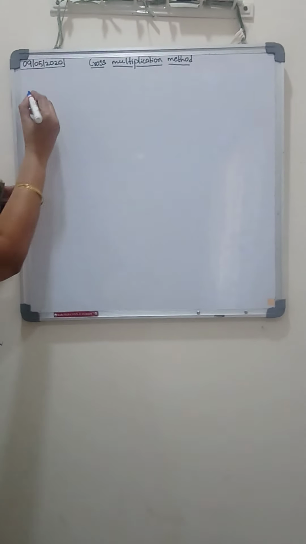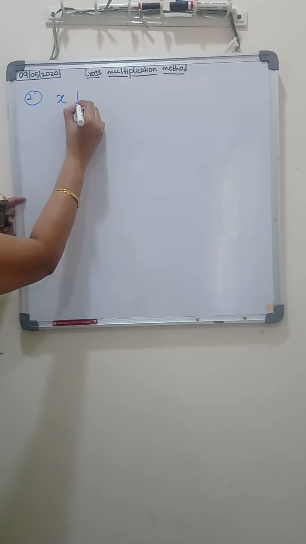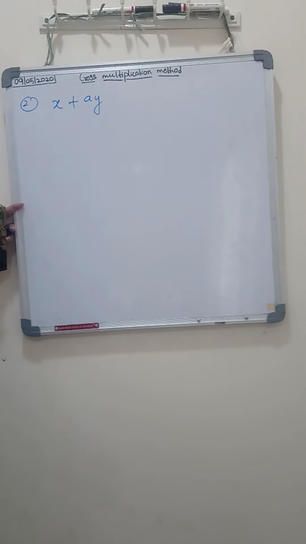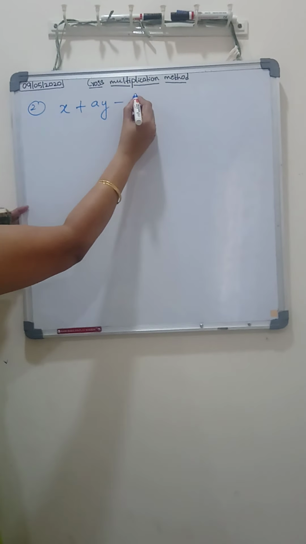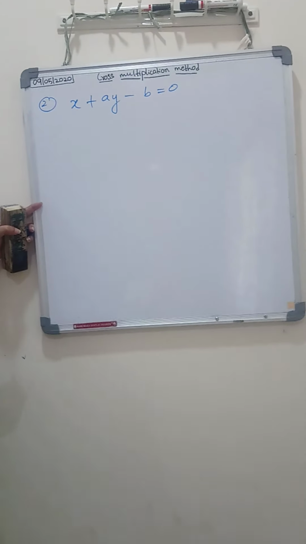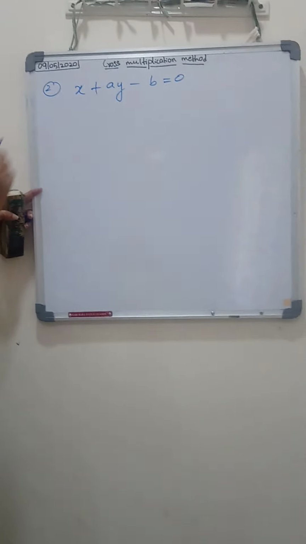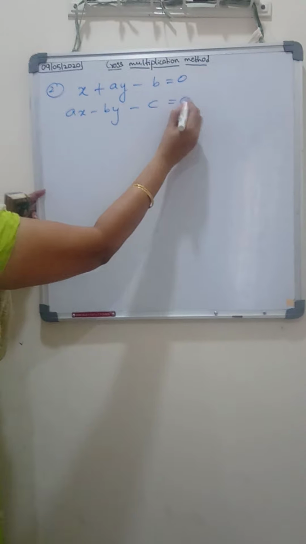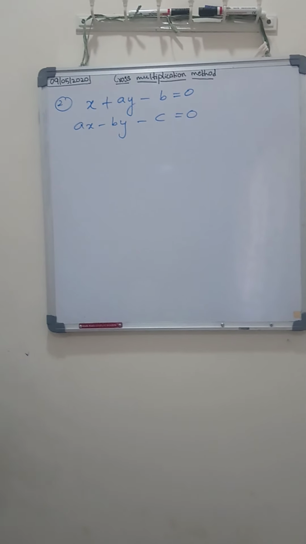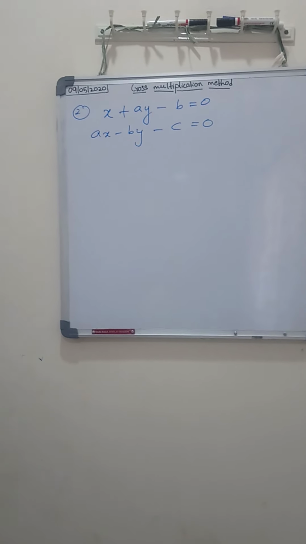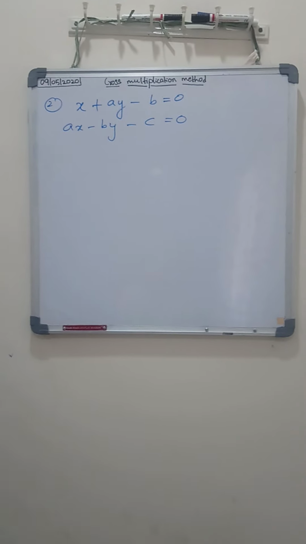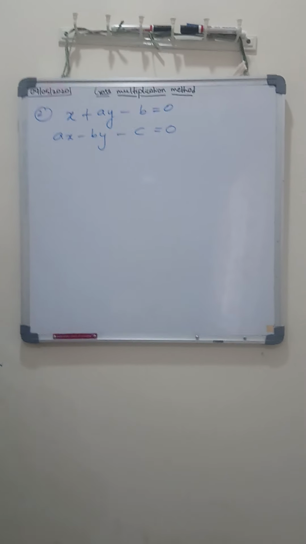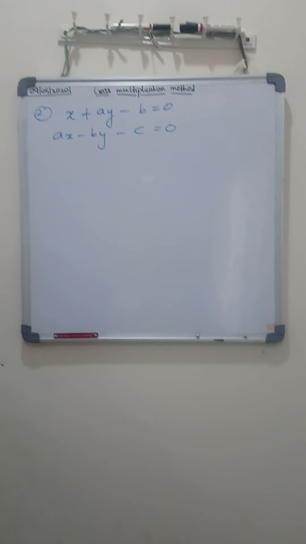Second example. x plus ay minus b equal to 0, first equation. Second equation, ax minus by minus c equal to 0. Once again, x plus ay minus b equal to 0, ax minus by minus c equal to 0, children. So here the coefficients are algebraic terms, isn't it?